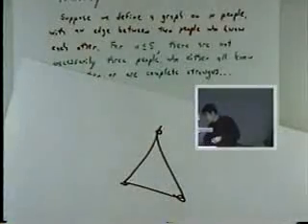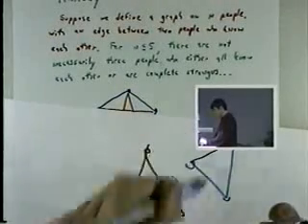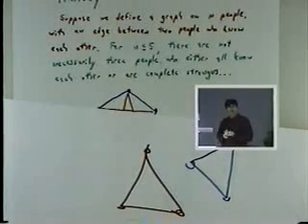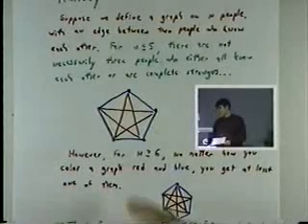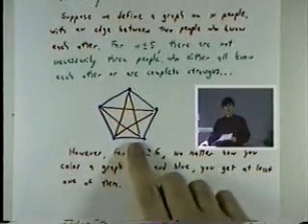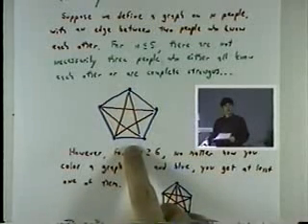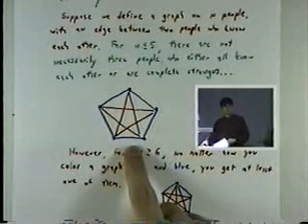These are 3 mutual friends. And these are 3 mutual strangers. I claim if you have 5 people here it's not necessarily true that there has to be a clique of 3 mutual friends or 3 mutual strangers.